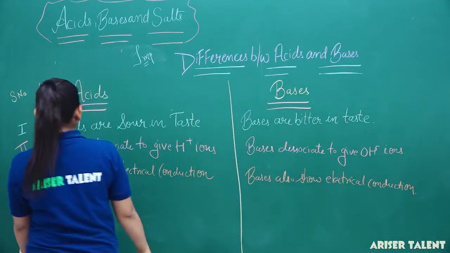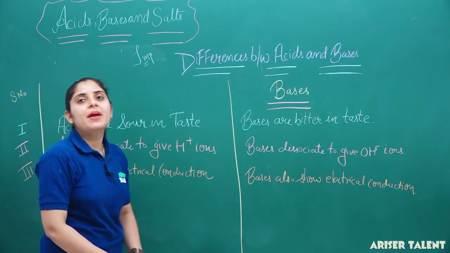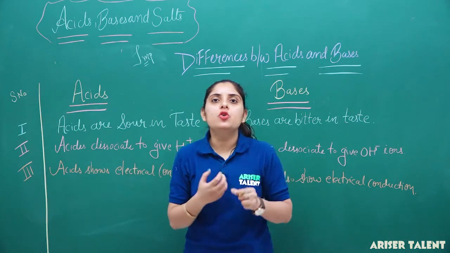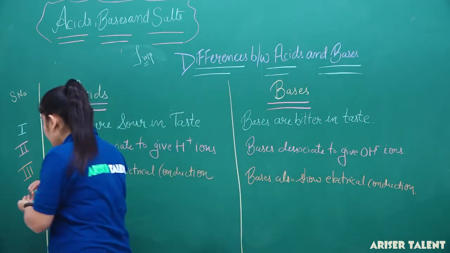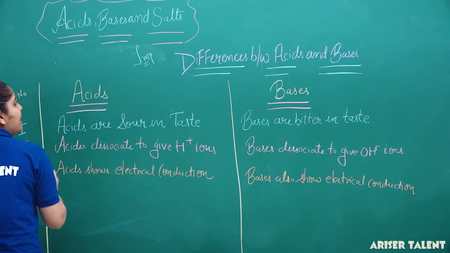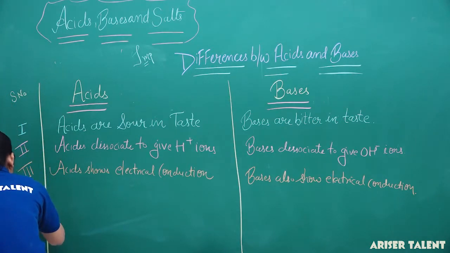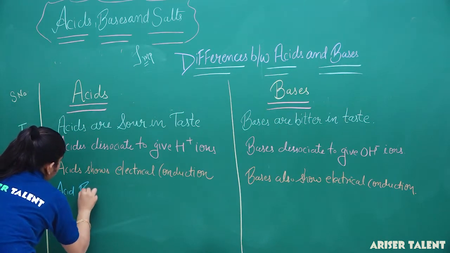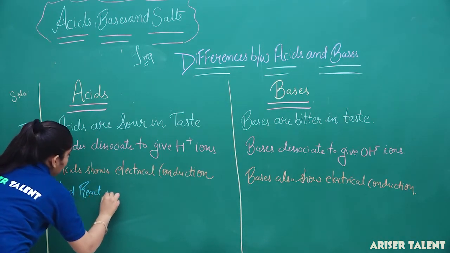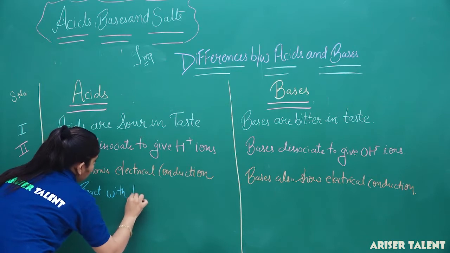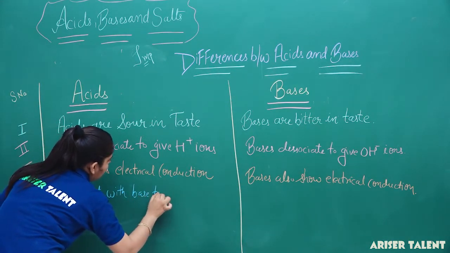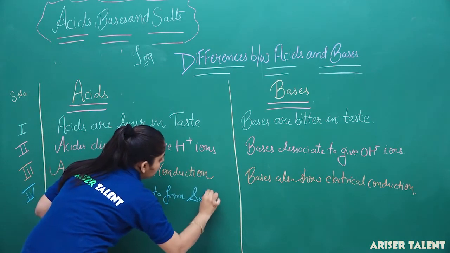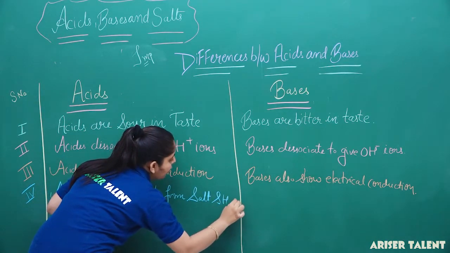Next thing is acid loses its properties by reacting with base. It means they are going to neutralize each other and show a neutralization reaction. So the fourth point to differentiate between acids and bases is acid reacts with base to form salt and water.